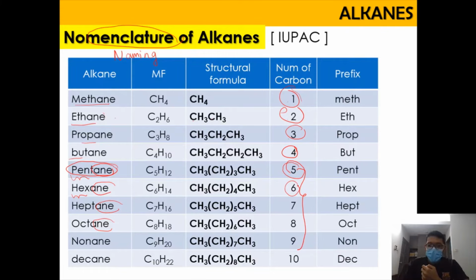If 6, in mathematics, you will call it hexagon, but because it refers to alkane, it's going to be hexane. Same goes to the others. Heptane comes from heptagon. So you need to know the parent chain first, which is the number of carbon atoms present in the alkane. So this is where the names are coming from.